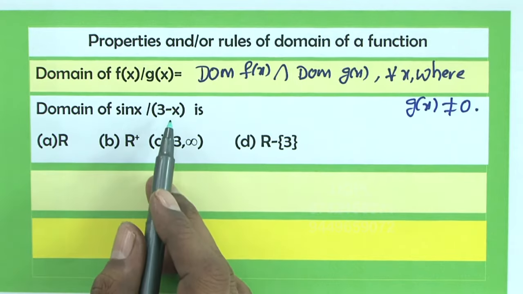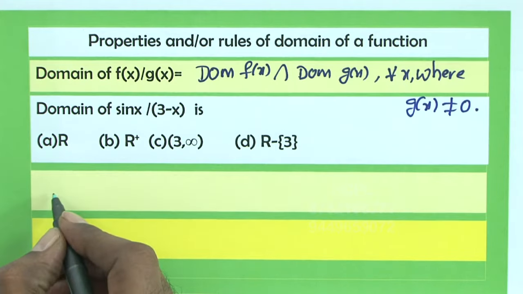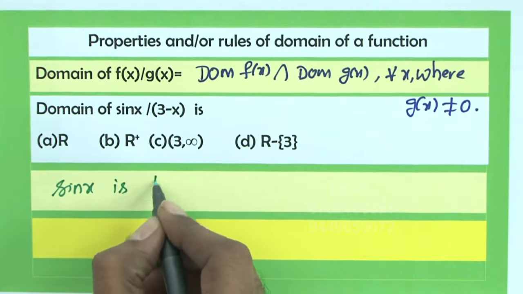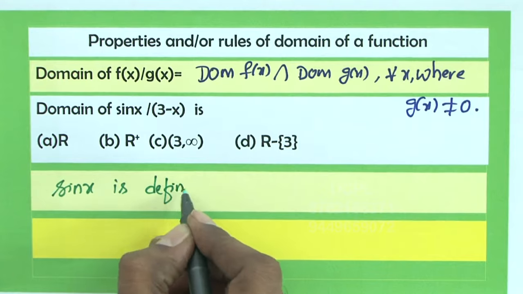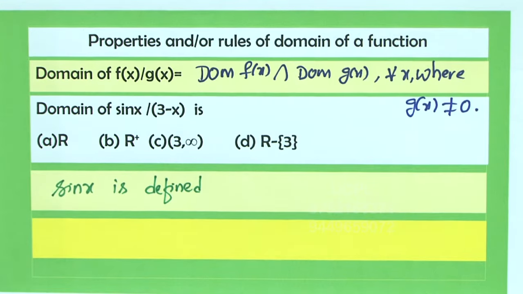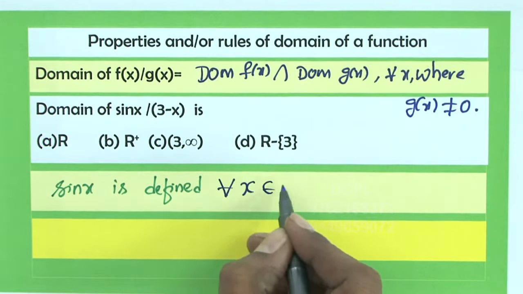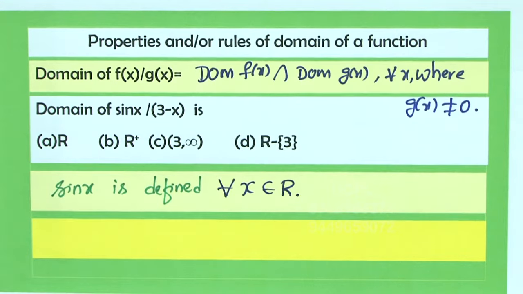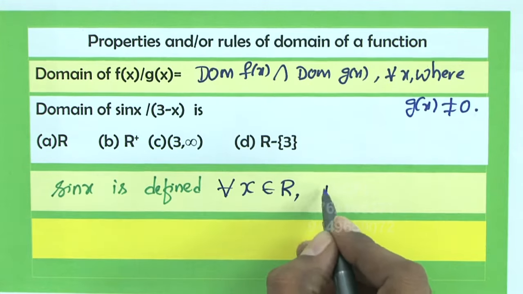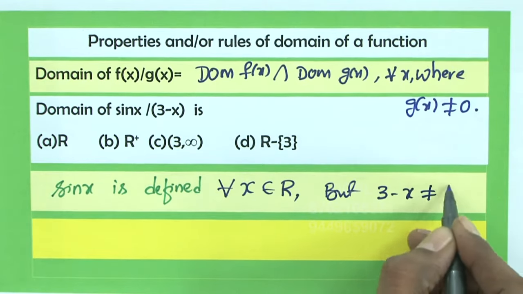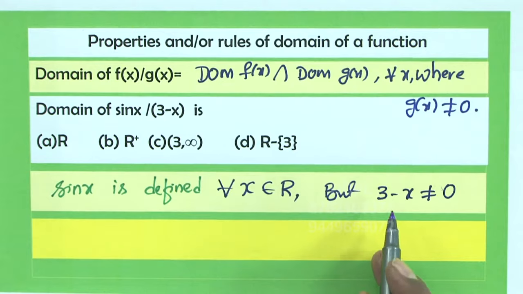What is the domain of sin x by 3 minus x? Sin x is defined for all x, that is, for all x belonging to the set of real numbers. But 3 minus x should not be equal to 0, and the domain of 3 minus x is the set of real numbers.